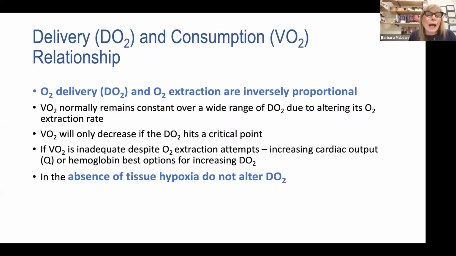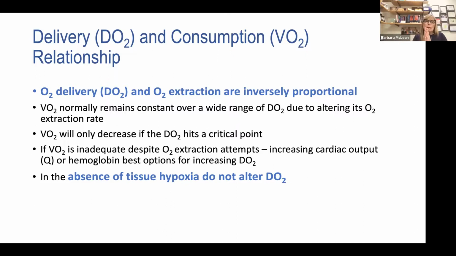So I want to remind you, the delivery of oxygen and the proportional use of oxygen from your hemoglobin are inverse. As delivery goes down, hemoglobin releases more. That's the O2 extraction ratio. Remember, that's SaO2 minus SvO2 divided by SaO2. Normally, you maintain your oxygen consumption as relatively constant over a lot of variabilities in delivery.